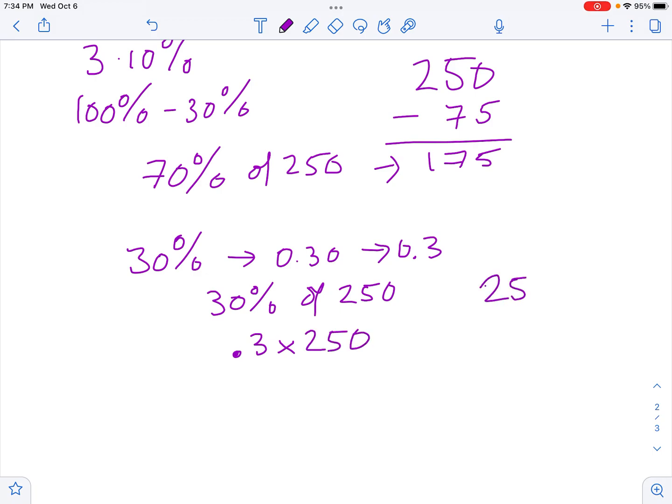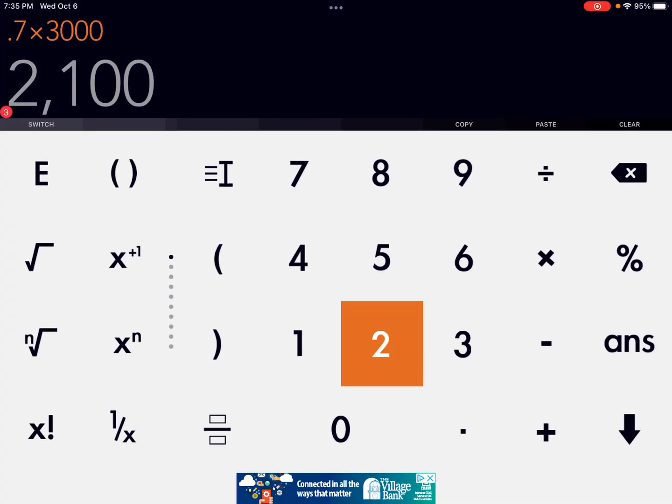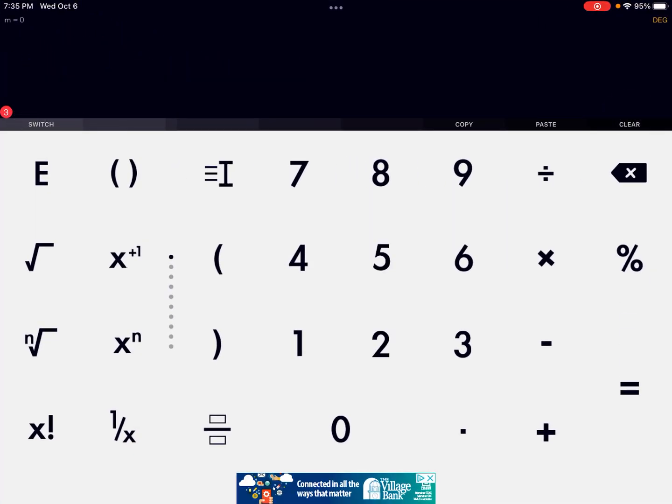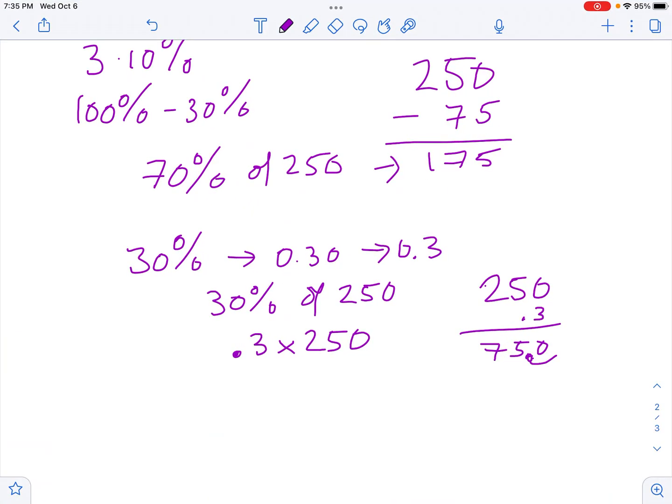Now you can do that by hand, right? You can say 250 times 0.3, multiply, you get 750, but since you're multiplying with a decimal, you move the decimal point over and get 75. Or if you're allowed to use a calculator, you can do 250 times 0.3 equals 75. So that will give you the same result.